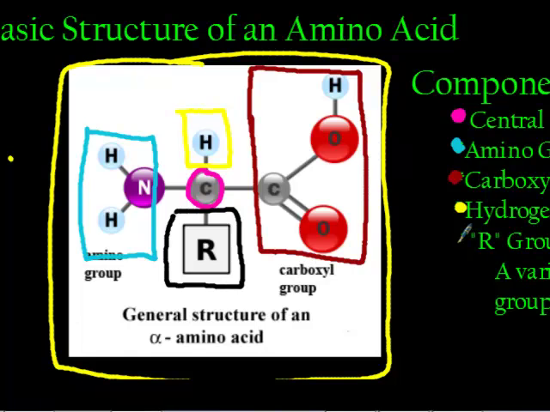Well, what that is really is the part of the amino acid that gives the amino acid its specific qualities. There's 20 different R groups. All amino acids have these 4 things, and a carbon atom is just a carbon atom. A hydrogen is just a hydrogen. Amino group is an amino group.